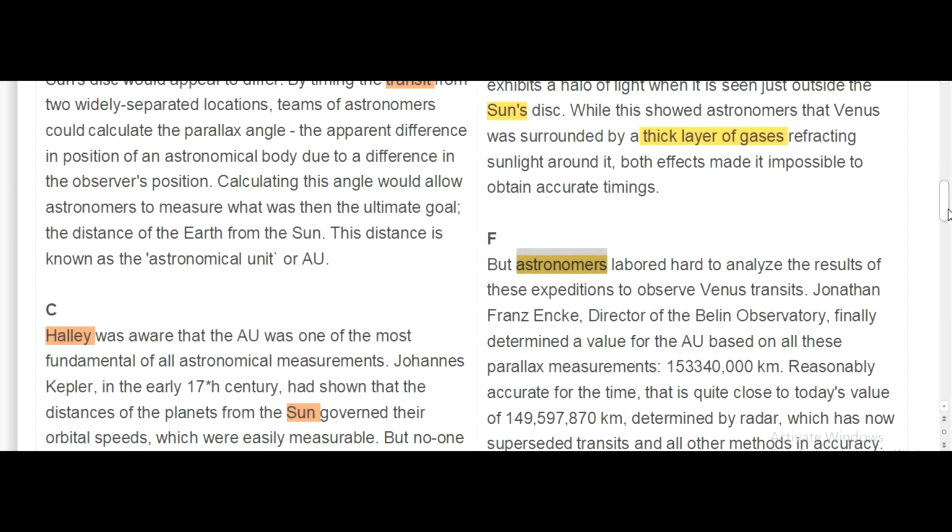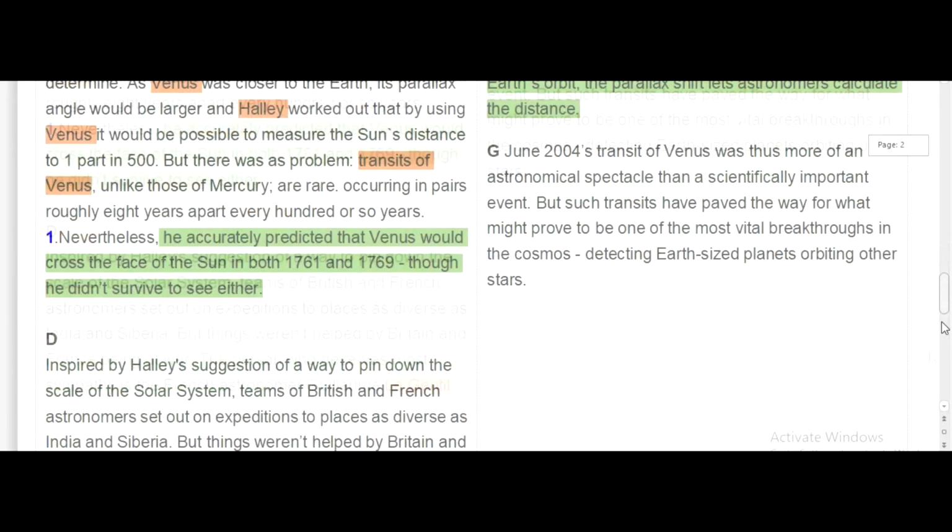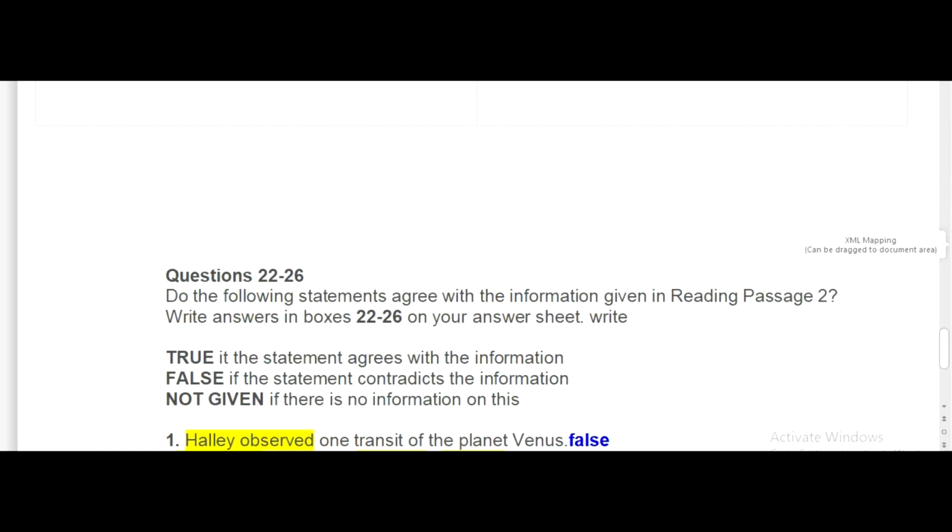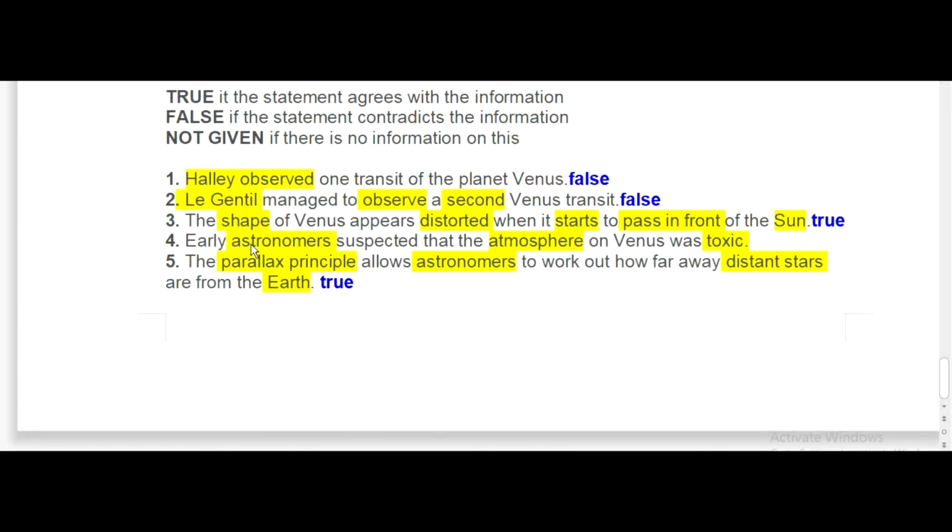Guys, I didn't find anything about toxic here. So what to do now? What is the answer going to be? Early astronomers suspected that the atmosphere on Venus was toxic. I haven't found something about toxic.